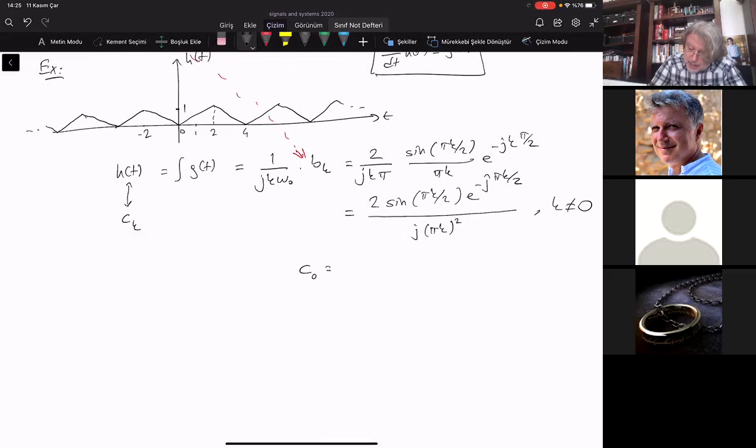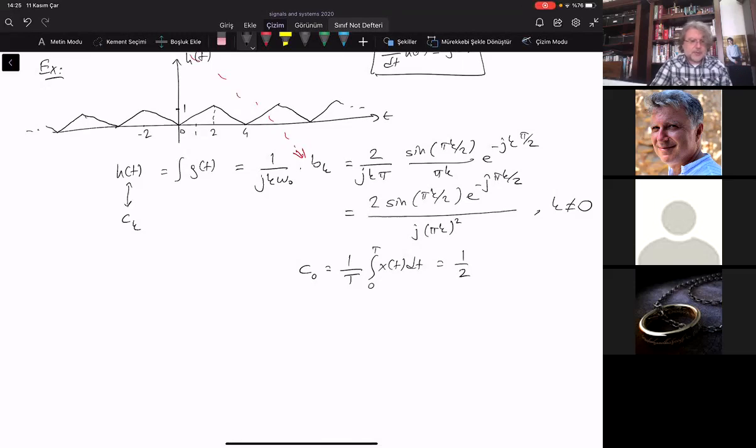C0 is, within one period, the integral of the signal within a period, like from 0 to capital T. One period is 4, and the integral from 0 to 4 is 4 over 2, because 4 is the width of the triangle, and the height is 1. 4 times 1 over 2 is the area of the triangle. And over 4 will give you 1 over 2.